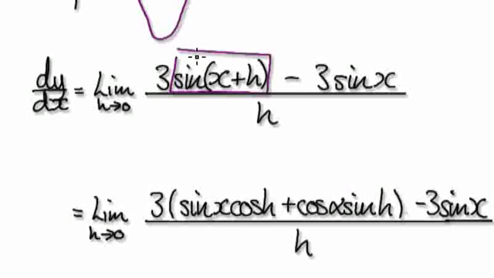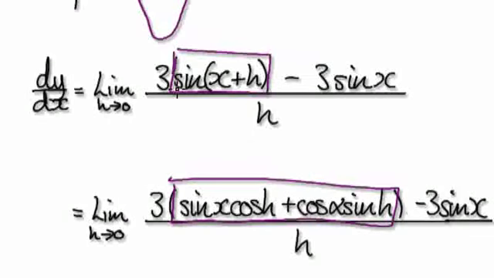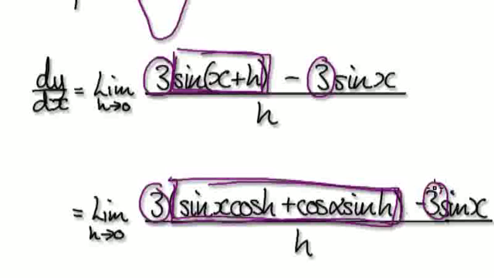When you use the trigonometric identity, this block becomes this block, but notice the 3 is still there.